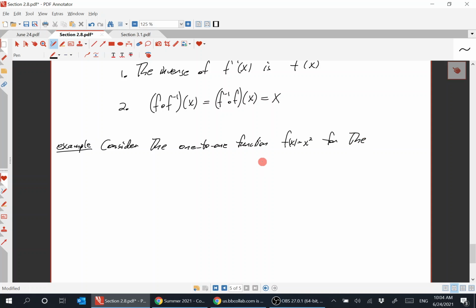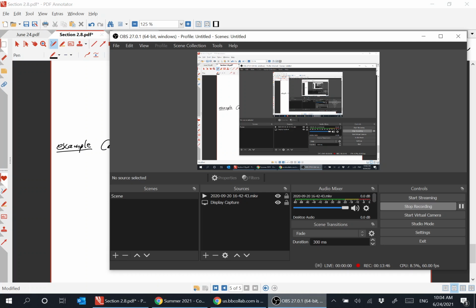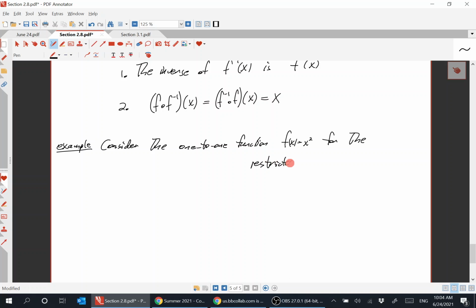So for the restricted domain, x bigger than or equal to 0, what's going to be the reverse function for x squared? What would be the inverse? If a goes to a squared, what takes a squared back to a? Square root. Yeah, square root.